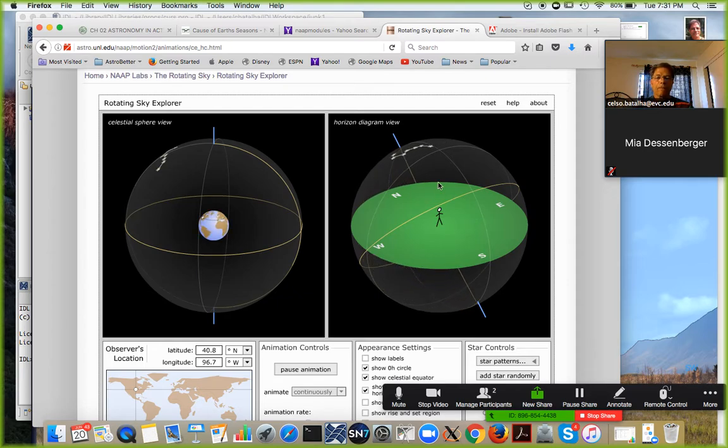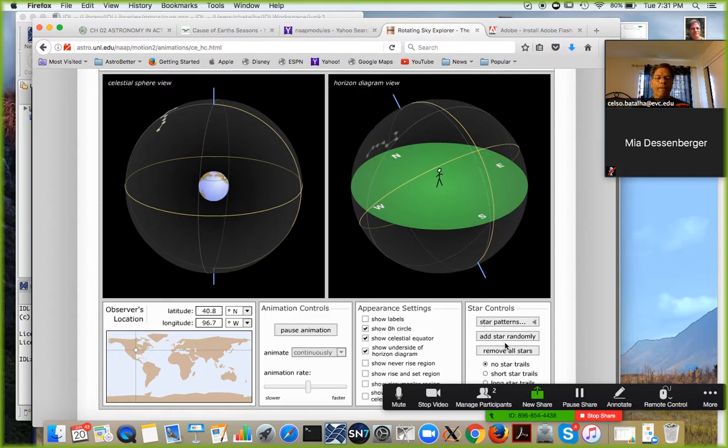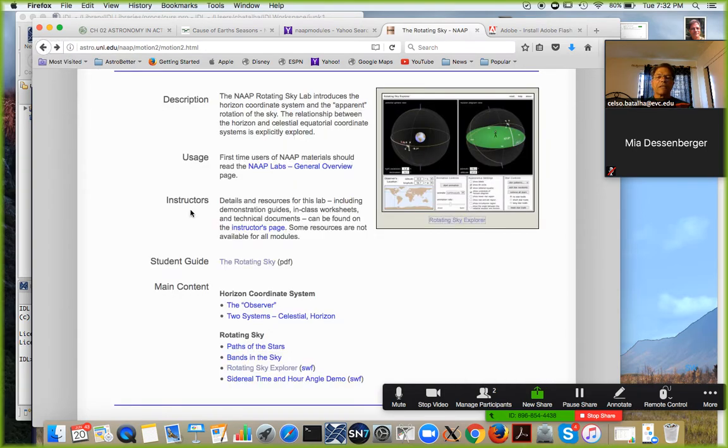So Earth rotates on its axis of rotation, and because of that, we see this display of stars. And if we add more stars, things get even better defined. Okay, so this animation is good to explore to further understand this situation.